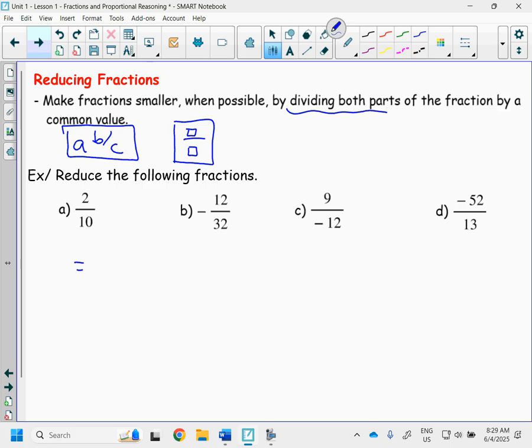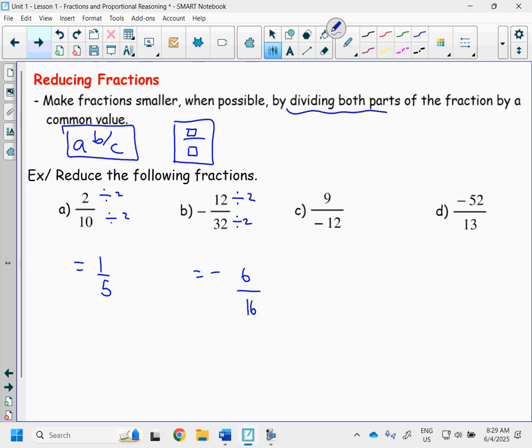2/10 can be reduced because we can divide both of these numbers by 2. And if I do that, I get 1/5. It's just an easier version of the same fraction, a nicer version to work with. Like the one on the previous screen, when you have a negative, just write down the fact that you have a negative. It doesn't actually affect any conversions here. What can we divide 12 and 32 by? Well, they're both even, so we could divide them by 2. If we do that, we get 6 and 16.